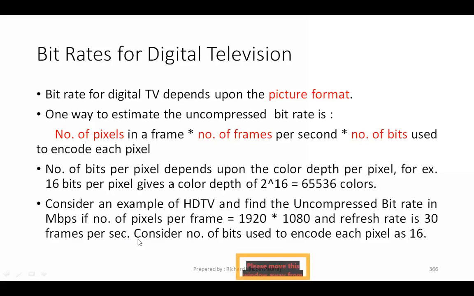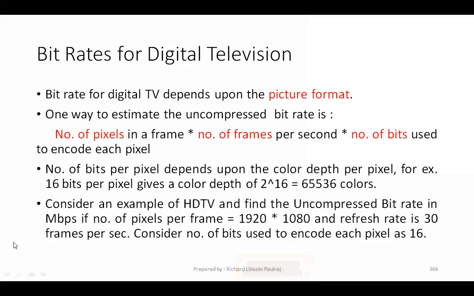Consider the number of bits used to encode each pixel as 16. So they are giving us the number of bits to encode each pixel as 16, which means I'll be using 16 bits as my encoding scheme.